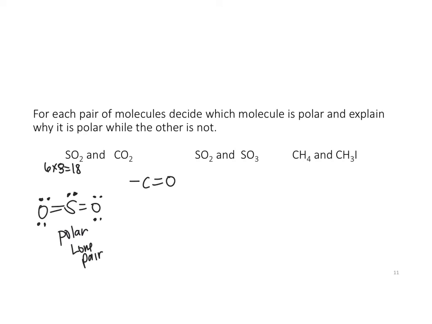CO2. I know carbon likes 4 bonds. Oxygen's 2 and 2. So we have 4 plus 6 times 2 is 12. So 16 valence electrons. Okay, now you notice that this would pull electronegativity that way, and then this would pull electronegativity that way, and they would cancel each other out.